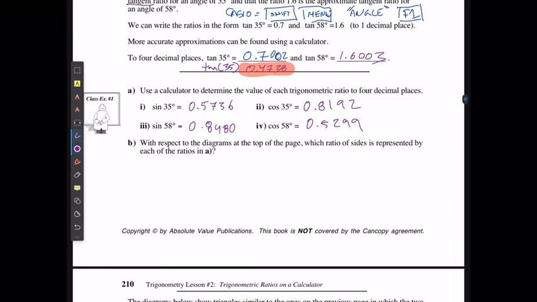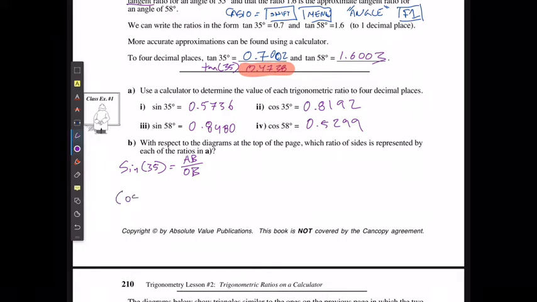With respect to the diagrams at the top of the page, which ratio of sides is represented for each of these? Well, if I'm just looking at sine of 35, then that's going to be the side length of AB divided by OB.